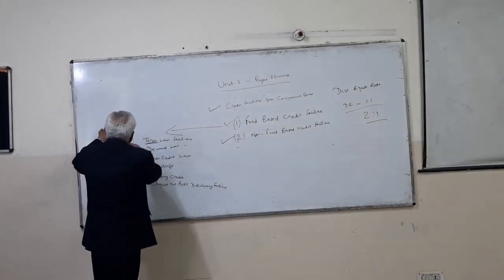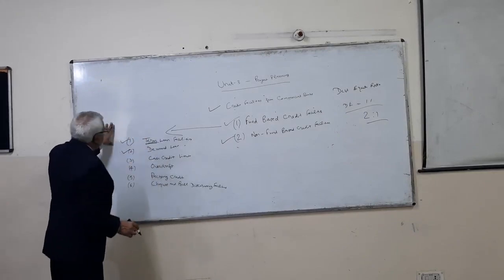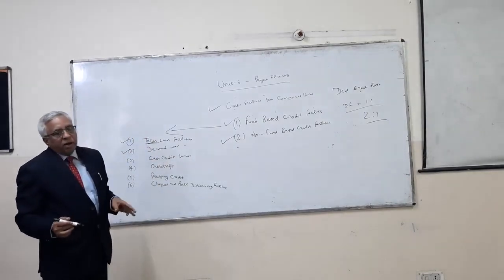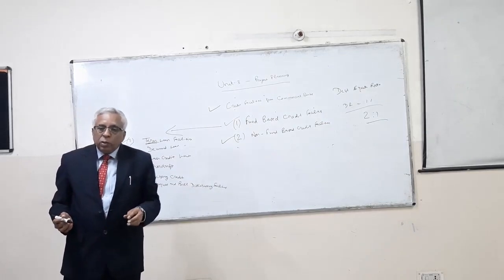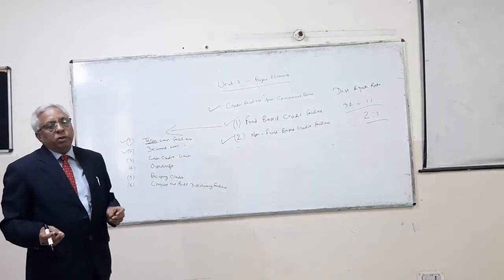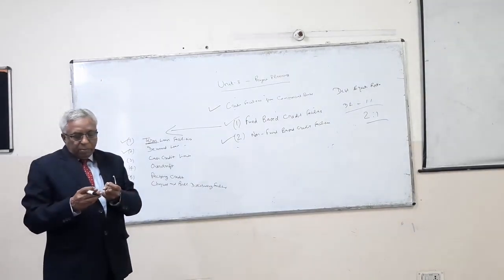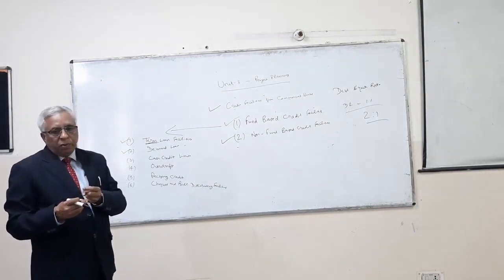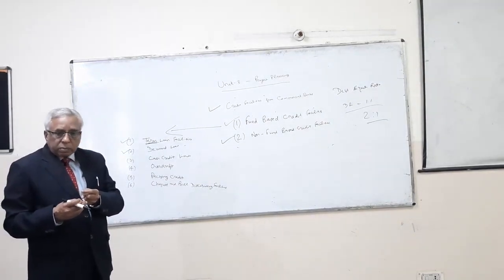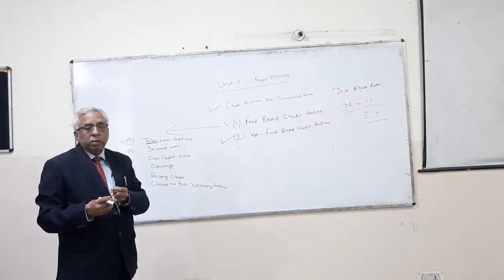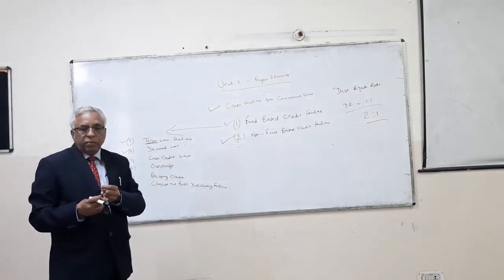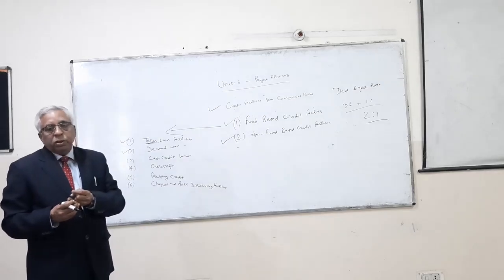Second, demand loan. Demand loan is nothing but the banker provides you credit facility on the basis of some liquid security which you have. Liquid security covers bank FDs, insurance policies, share certificates, government bonds.